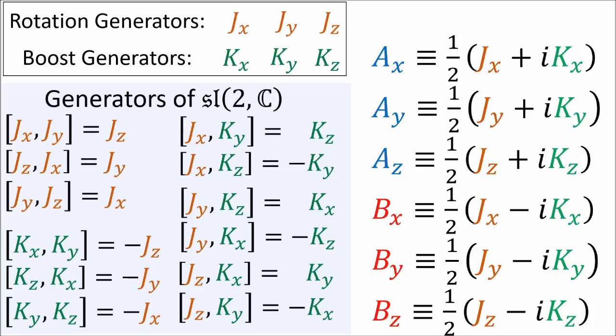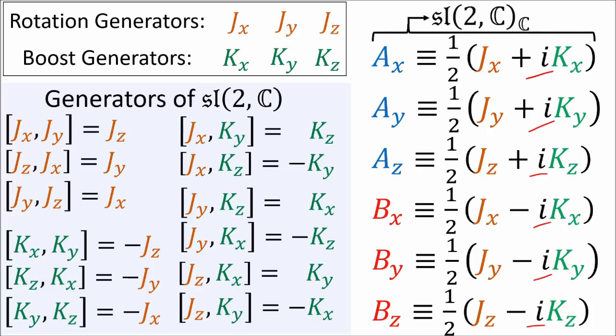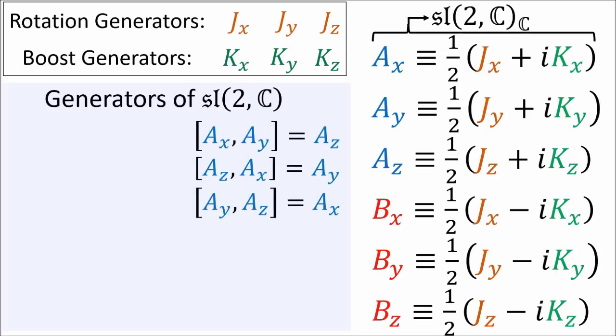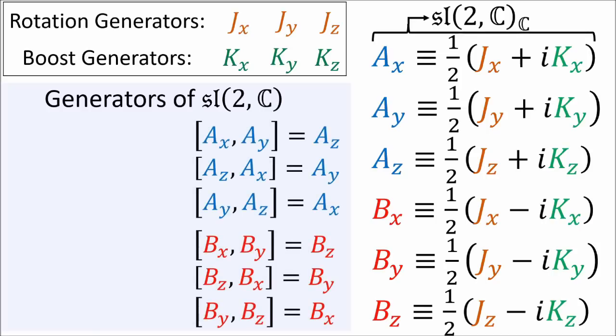Note that since we're allowing complex coefficients in these linear combinations, we've actually switched to the complexified version of the SL2C Lie algebra, which is denoted with this subscript C. In this new basis, the A's follow these commutation relations, the B's follow these commutation relations, and the A's and B's commute with each other. So in this basis, the commutators split nicely into 2 separate families.